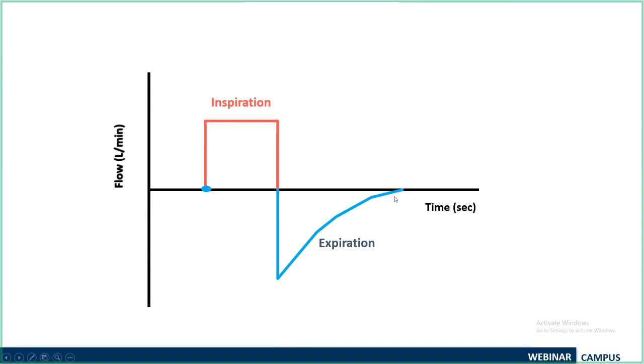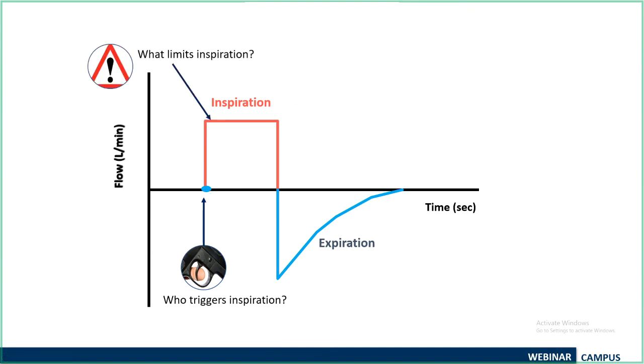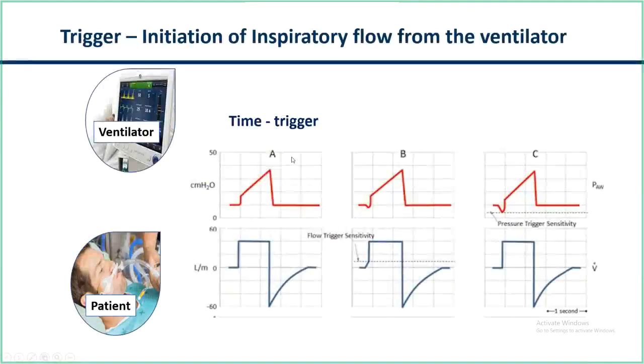So this is how the respiration is controlled. Who is triggering the inspiration at this point? I've already told you it can be triggered by the patient or by the machine. And what limits the inspiration, whether it's pressure control or volume control, and how it is cycling from inspiration to expiration. These points are very, very important.